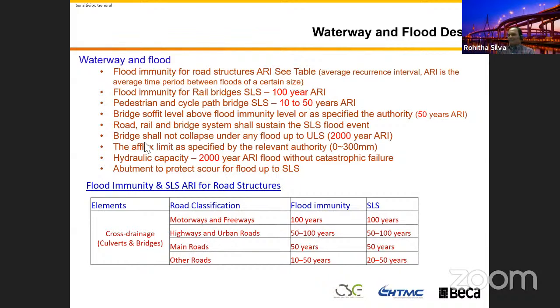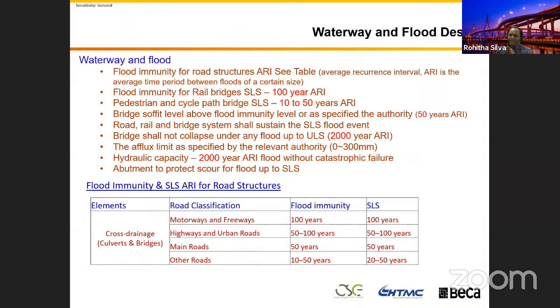But when you are designing a bridge, you need to make sure of your return period of 1 in 2,000 years. Like you saw in the first slide, the abutment collapsed because of the flood. So you need to make sure that you address that, and that the hydraulic capacity of the bridge is not going to lead to catastrophic failure like you saw there.